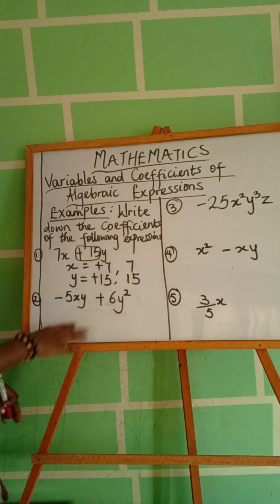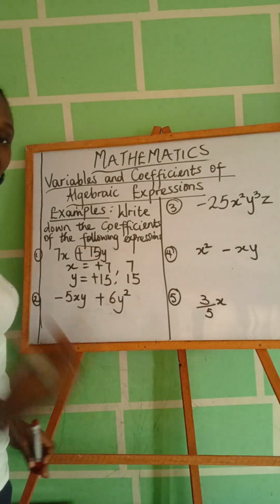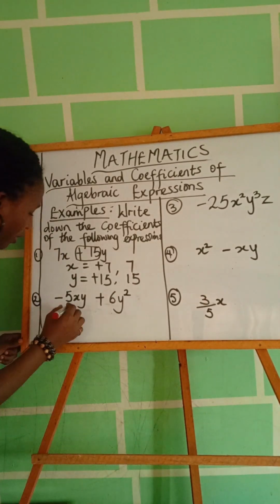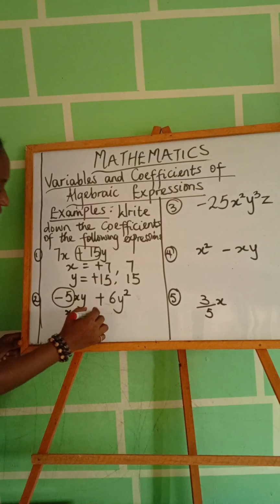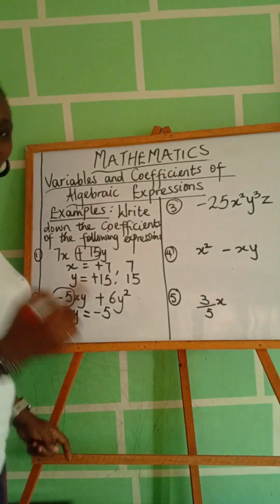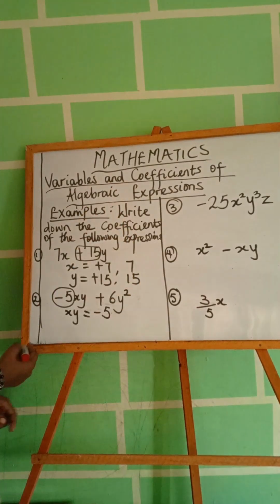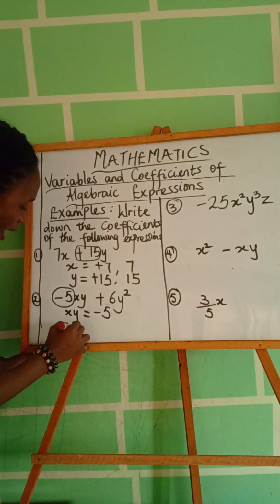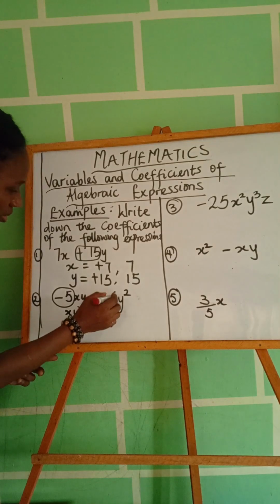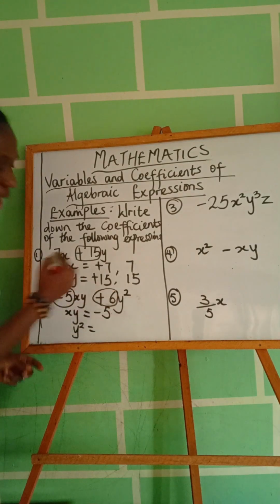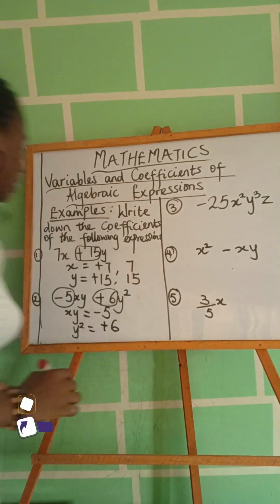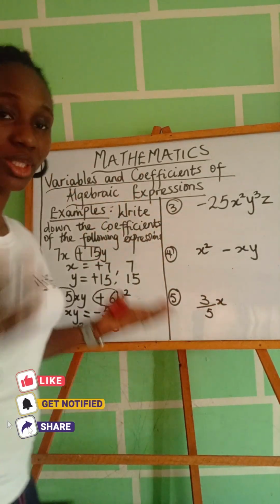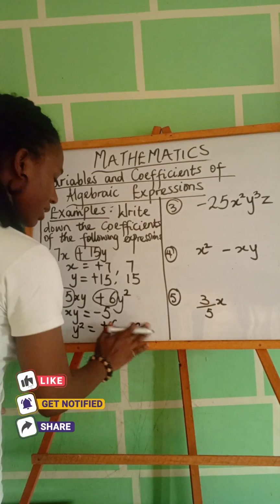Those are the variables. What is the coefficient of xy? The coefficient of xy, that's the number beside it, is minus 5. Now, what's the coefficient of y squared? That's the number beside y, including the sign, that is plus 6. Or you can decide to write it as just 6.